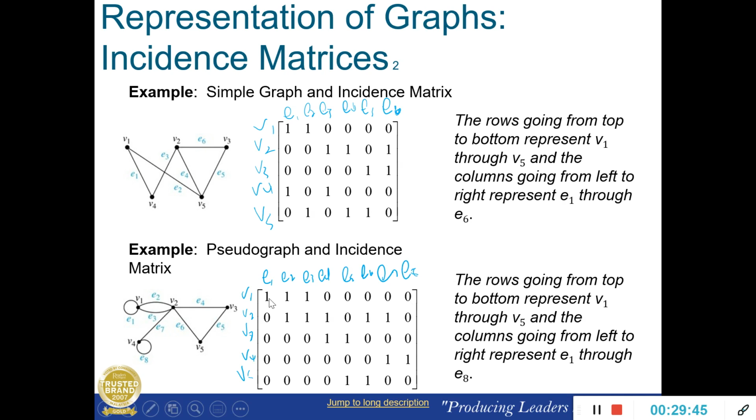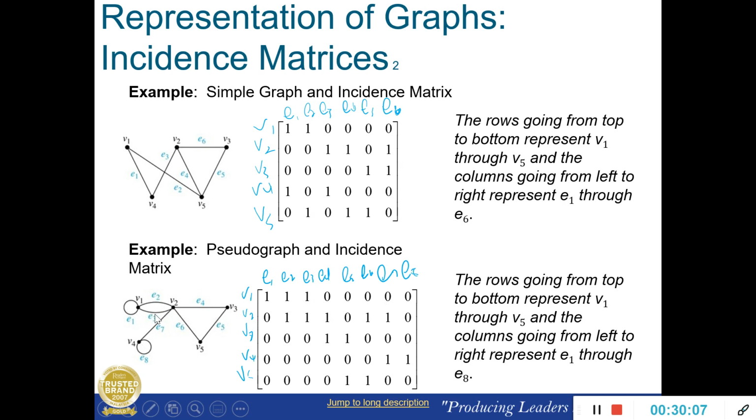So V1 is incident with E1, yes, a loop. V1 is incident with E2, yes. V1 is incident with E3, yes. V1 incident with E4, no, 0. E5, no. E6, no. E7, no. And E8 also no.